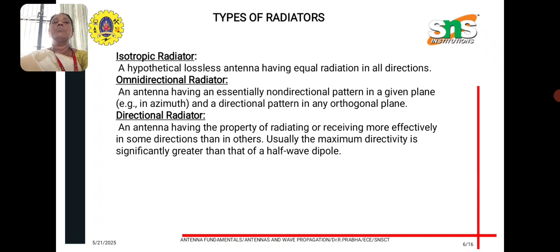Usually the maximum directivity is significantly greater than that of a half-wave dipole. Now you can see a horn antenna. A speciality of this antenna is that it is a microwave antenna, which works in microwave frequencies.